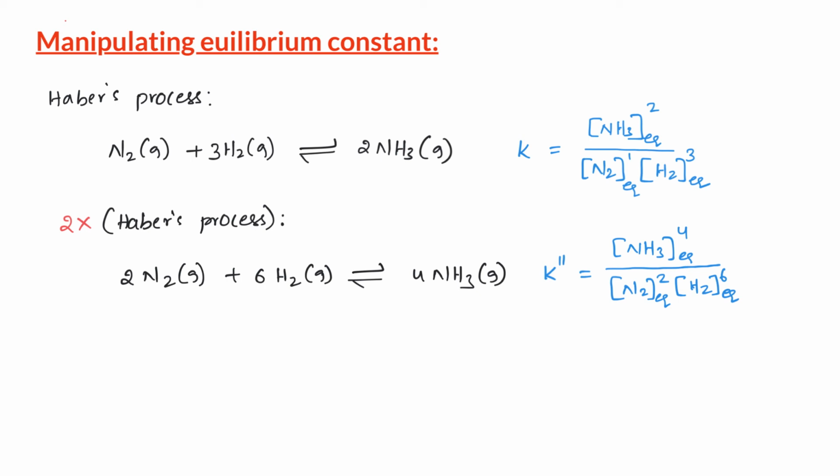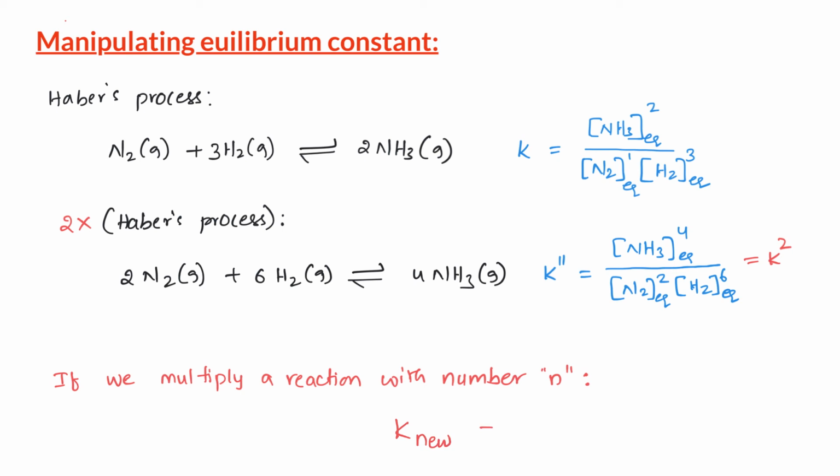Let us now express our new equilibrium constant in terms of the old equilibrium constant, which comes out to be K to the power 2. That is, if a reaction is multiplied by a number, the equilibrium constant of the new reaction is equal to the original equilibrium constant raised to the power of the number multiplied.